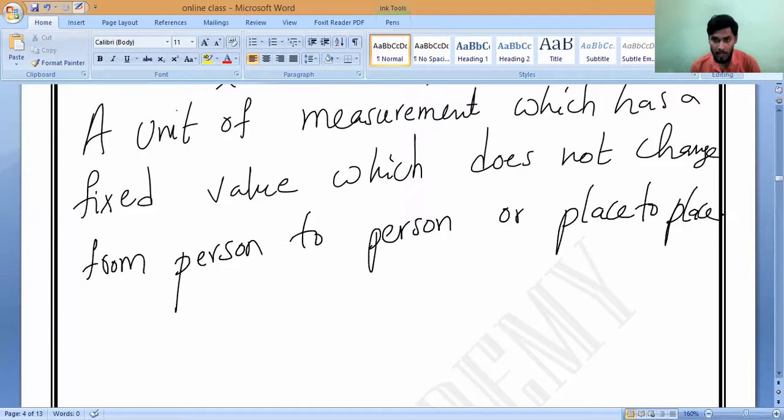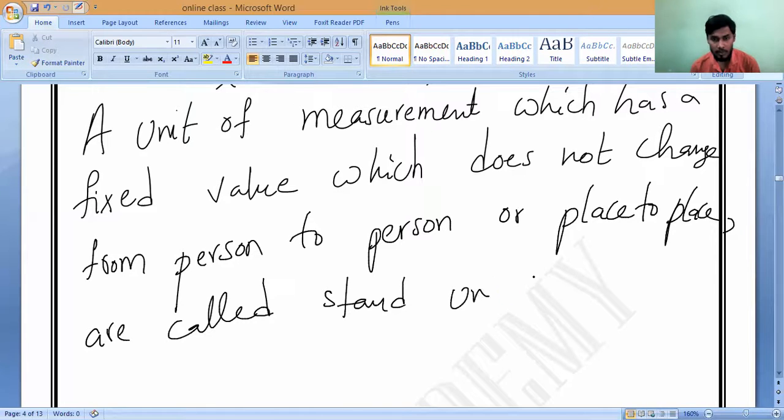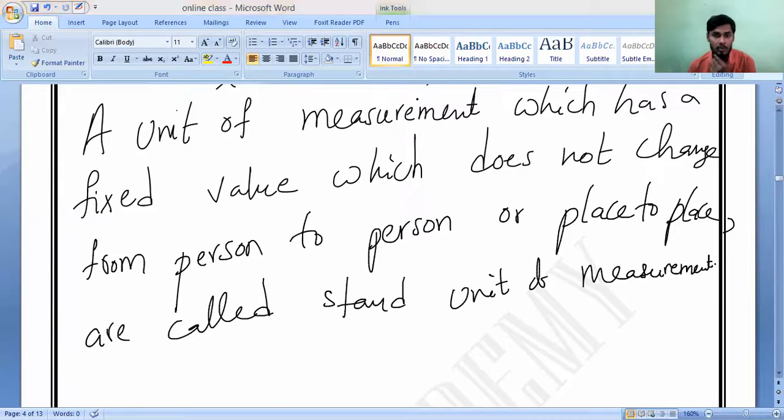Here a comma should come. Place to place, comma, are called standard unit of measurement. Do you understand, Sarvesh? Pranav, have you noted down or not? Yes, sir.